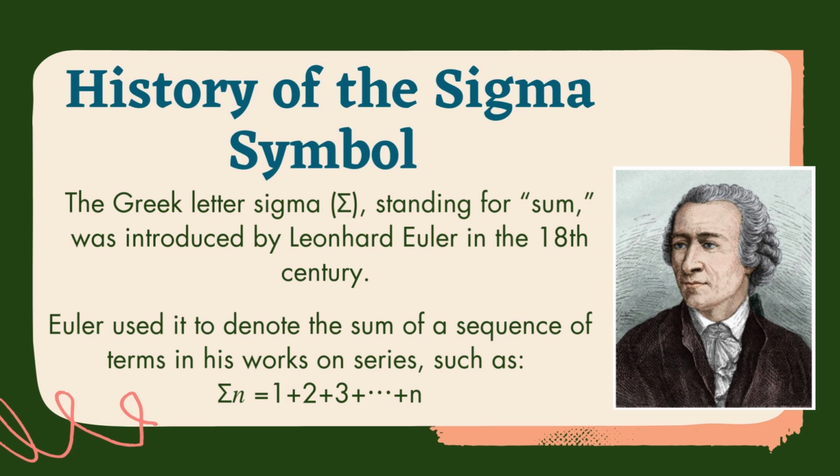Euler used it to denote the sum of a sequence of terms in his work on series, such as the summation of n equals 1 plus 2 plus 3 and so on to infinity. So he used this symbol sigma for infinite numbers.